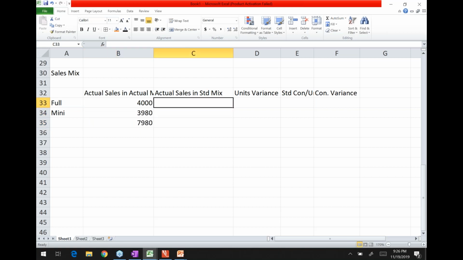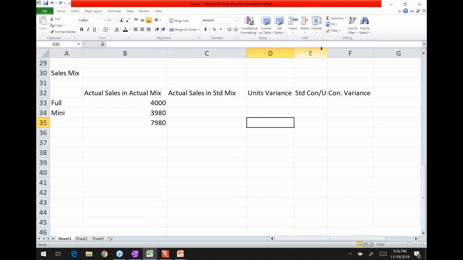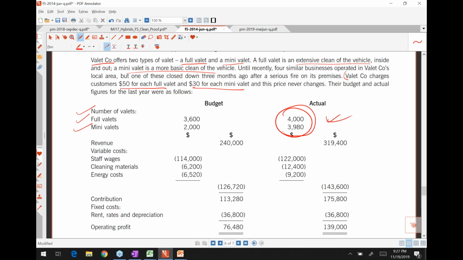Now what I'm doing is I will convert this actual sales into standard mix. It's not difficult. Let's work out the standard mix. According to budget, we should have sold full valets 3600 and mini valets 2000. If I add these two, this makes 5600.